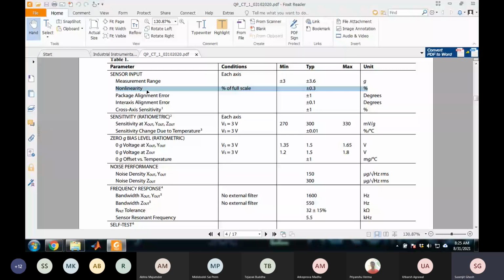You can try to answer what the package alignment error is, and how you will interpret it from this specification. How will we calculate this error, or how will this error affect the actual reading? Rohit? Hello? Hello? Yeah, sure.